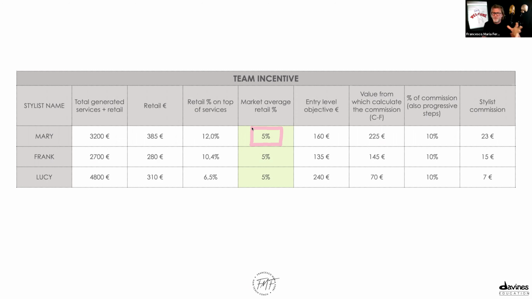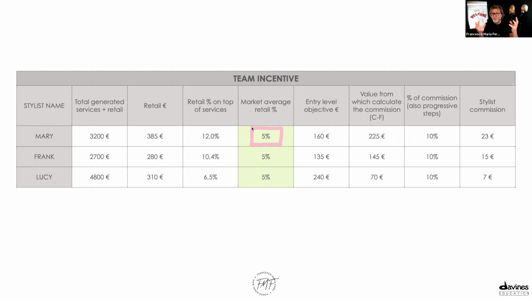So basically, if today I served one client, and in my pocket I got 100 euro, because 80 euro were for, I don't know, haircut and blow drying, and 20 euro were from shampoo that I sold, a retail product.